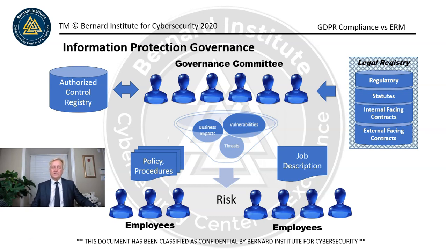And we do this for a very important reason, because this group of people have fiduciary responsibility for the organization. This group of people can be fired, they can go to jail, they can be fined for anything that happens within the organization that is in contravention of the law or the regulations such as GDPR.